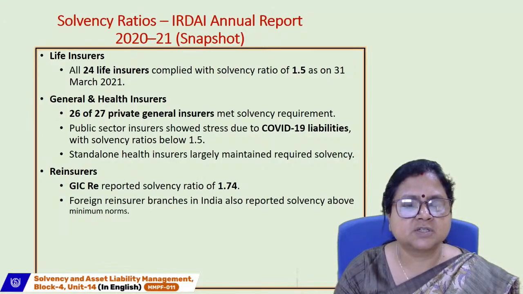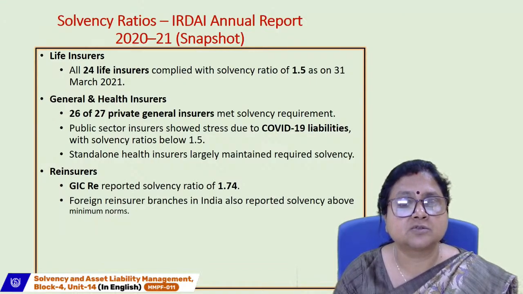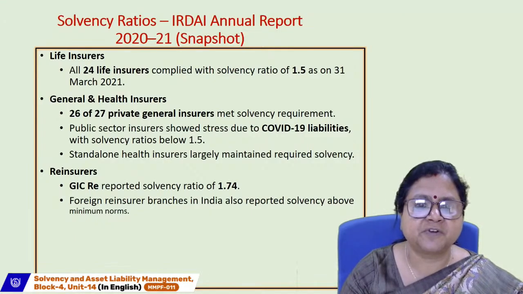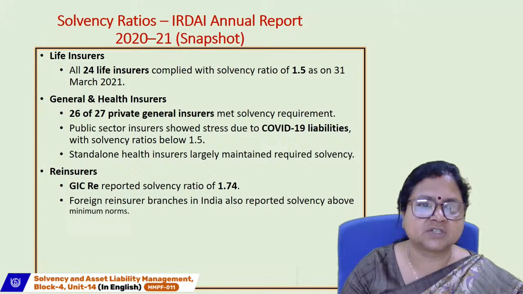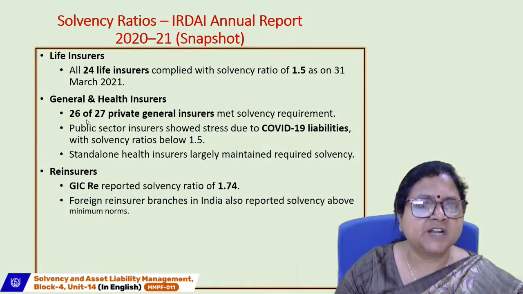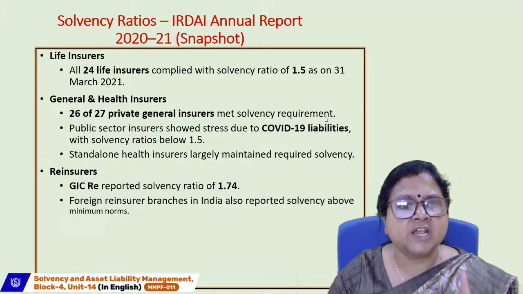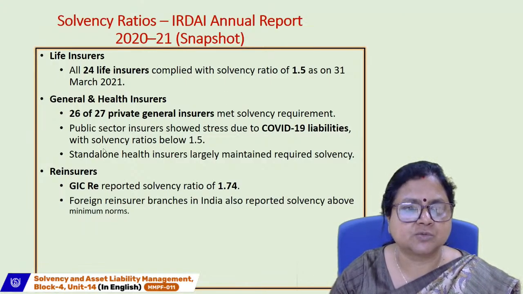As per the report, all 24 life insurers complied with the solvency ratio of 1.5. That means a 150% solvency ratio was maintained by all the life insurance companies. But when it comes to general insurance, 26 of the 27 private general insurance companies met the solvency requirement. That means only one company could not comply with the solvency ratio.